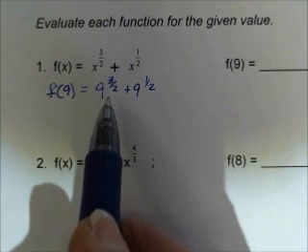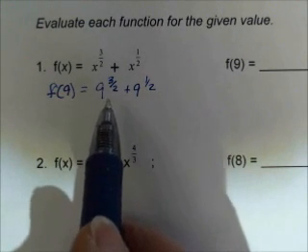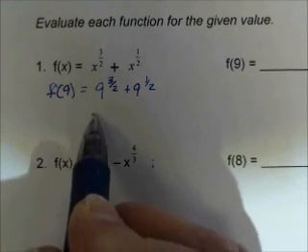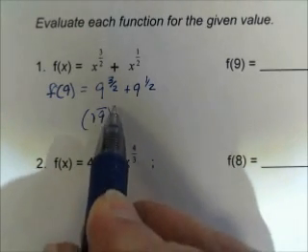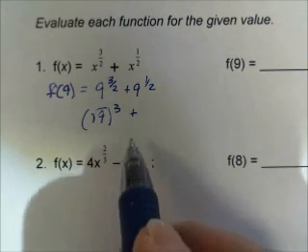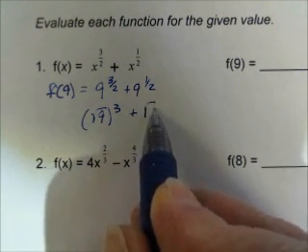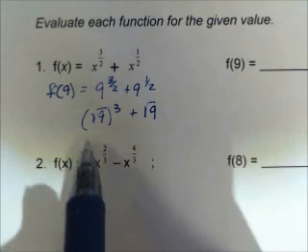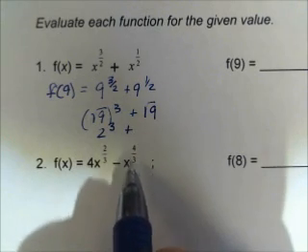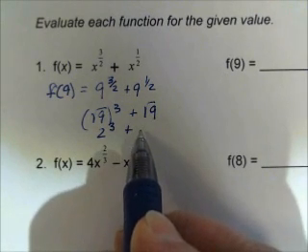With our fractional exponent, 9 to the 3/2 means, remember, the denominator is the root, so that's the square root of 9, then raised to the 3rd, plus 9 to the 1/2 is square root of 9.